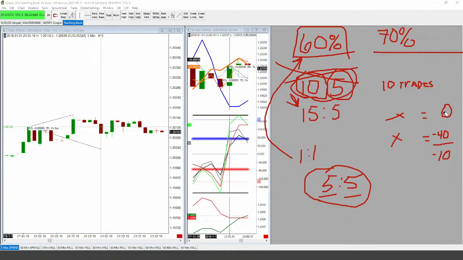Okay, so you took 10 trades and 7 of them won this time for 5 pips, which is 35. And only 3 of them lost for 15 pips, which is 45. You're in the same boat, right? You're in the same boat.